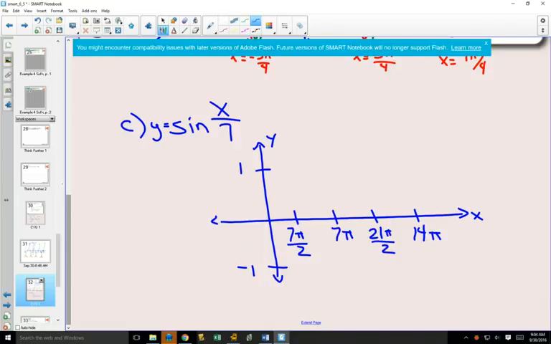Where does the sine graph start? Center line, max or min? Right in the middle. So we start in the middle, and it starts in the middle going up. So we go from center line to maximum to center line to minimum to center line.